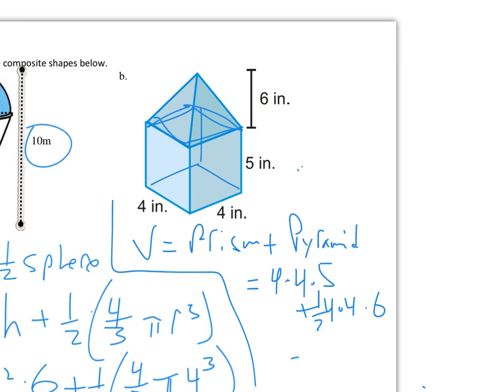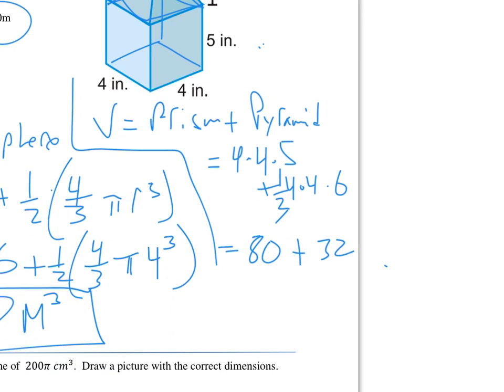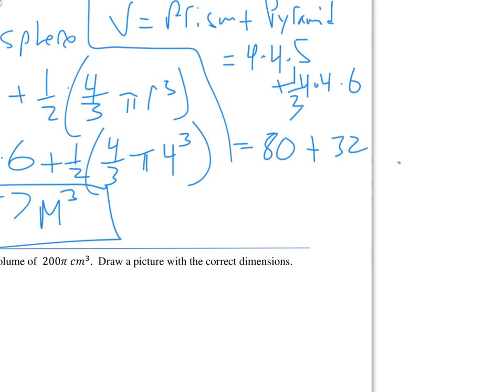But since it's a pyramid, we need to have 1/3. And so that's going to come out to be 32 over here. 1/3 of 6 is 2 times 4 times 4. And then 16 times 5 is 80. 80 and 32 comes out to be a grand total of 112. And that's going to be cubic inches.